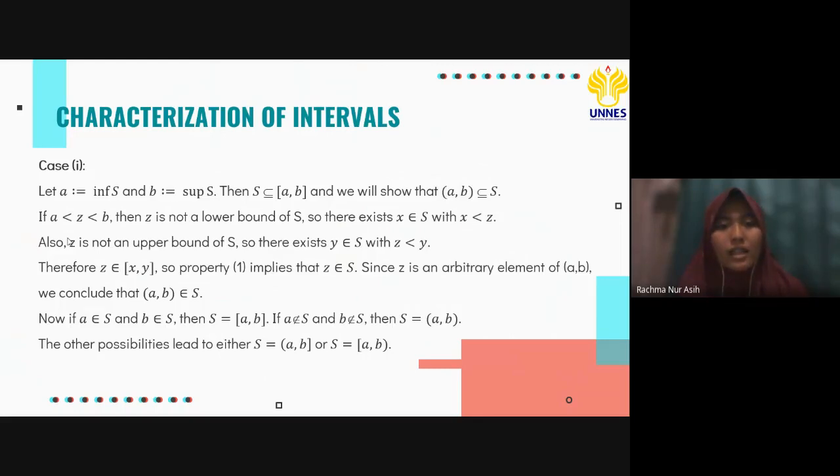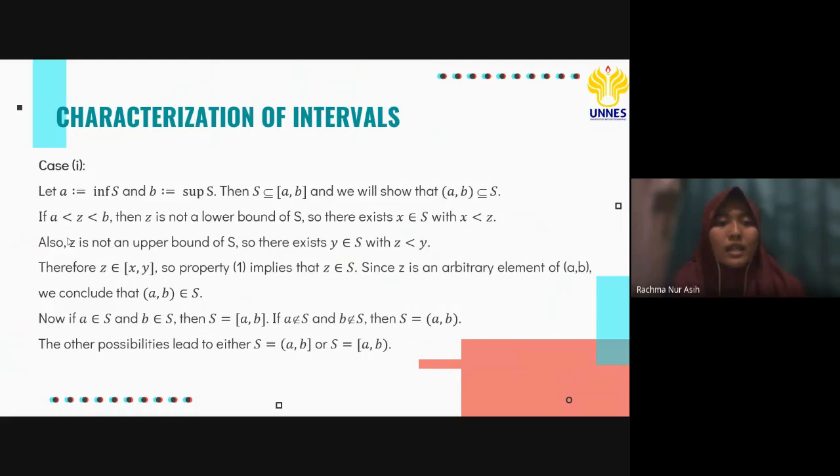If z is greater than a but less than b, then z is not a lower bound of S, so there exists x in S with x less than z. Also, z is not an upper bound of S, so there exists y in S with z less than y.